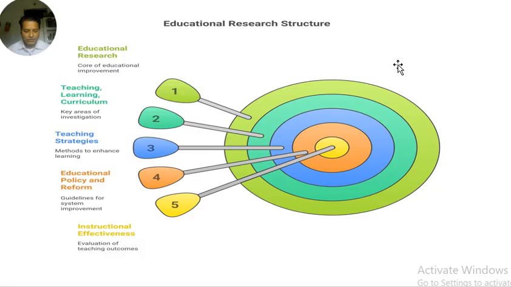The goal is to improve education for all. In the context of geometry, this research helps us find a better way to teach shapes, measurement, and space-related topics so that students can learn more effectively and with a better understanding.